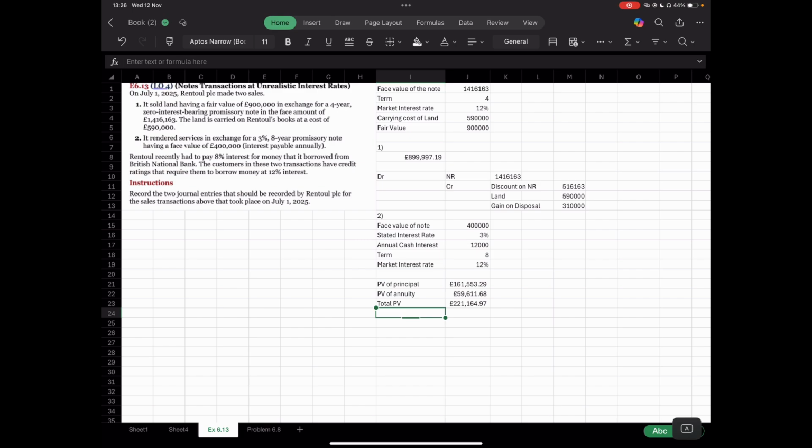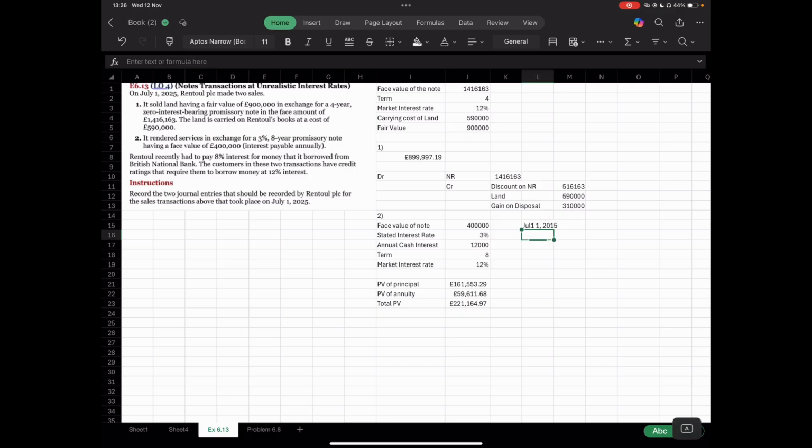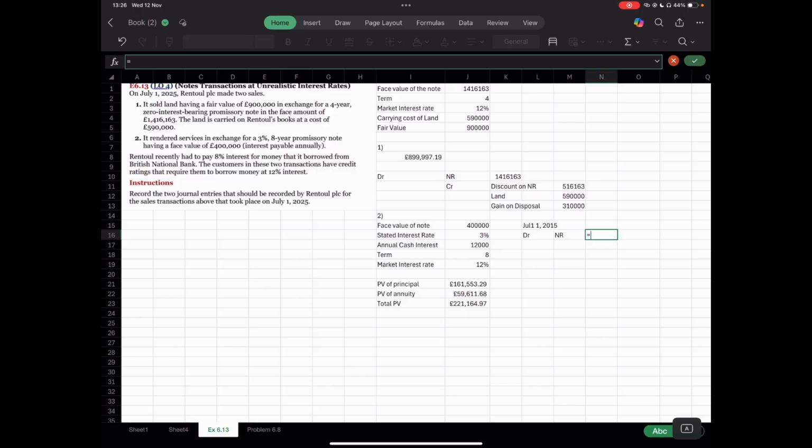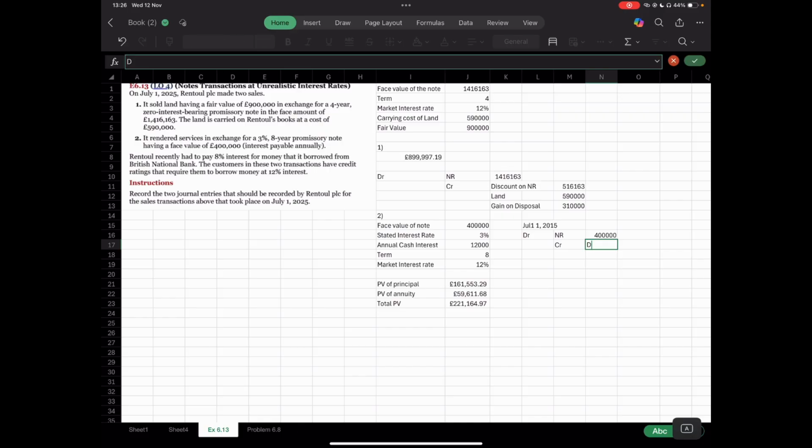Here we debit notes receivable for its face value and credit revenue for the present value. The difference is again a discount. Okay, so here, July 1st, 2025, debit notes receivable at its face value of 400,000, credit discount on notes receivable.